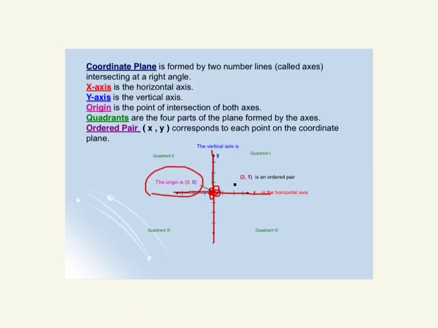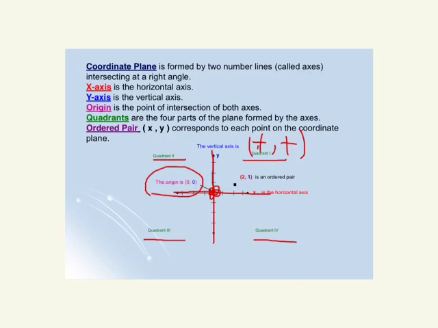When these two axes intersect at the origin, they form 4 parts, and these are called quadrants. So here we have quadrant 1, quadrant 2, quadrant 3, and quadrant 4. The reason they're numbered that way is that in quadrant 1, both the x-coordinate and the y-coordinate are positive.